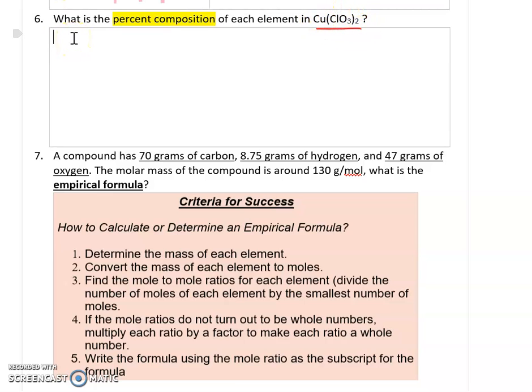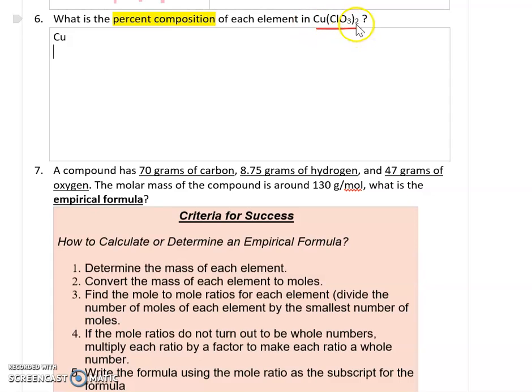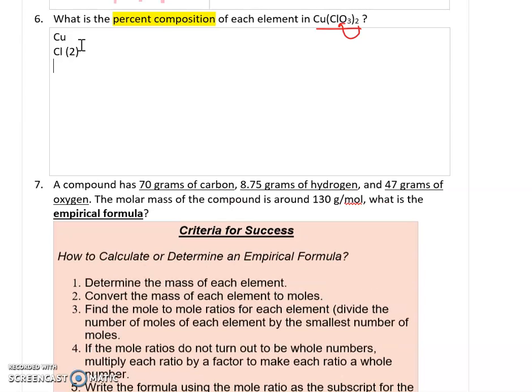So I know that I have 1 atom of copper. I know that I have, see this little 2 right here? This little 2 means that I have 2 atoms of chlorine. When it's outside the parentheses, it means that it multiplies the little subscripts. So I have 2 atoms of chlorine.